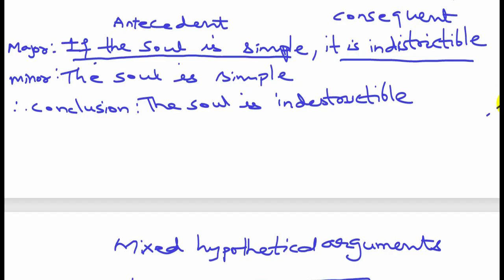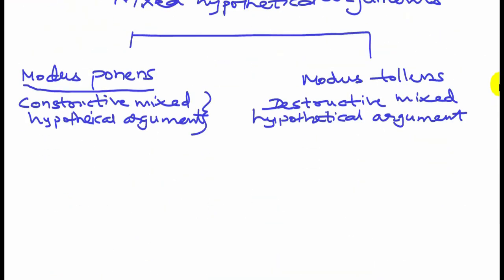So a constructive mixed hypothetical argument is one in which the minor premise affirms the antecedent. So let us say P implies Q, P leads to Q, if P then Q.